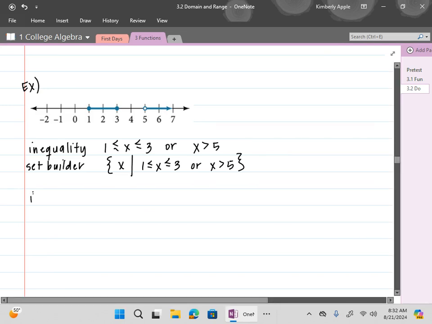And then finally, let's do the interval notation. This would be inclusive 1 to 3 inclusive, union, because I have 2, open 5 to positive infinity.